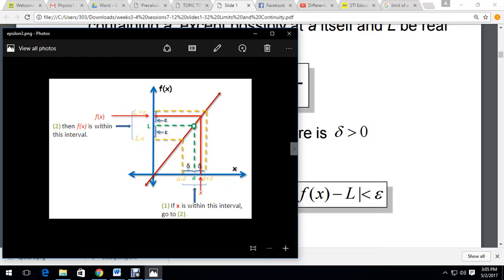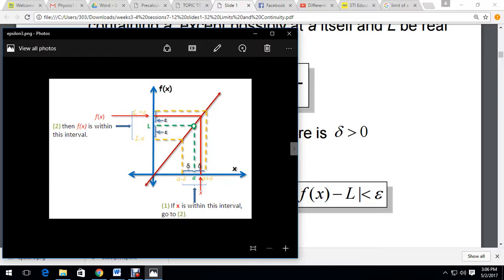Now L, defined on a, if that exists, we could find the value of L on the y-axis, and within the open interval, the distance from L towards a point above it on your y-axis is defined by epsilon. That means this point here is your L plus epsilon, and this point here is your L minus epsilon.